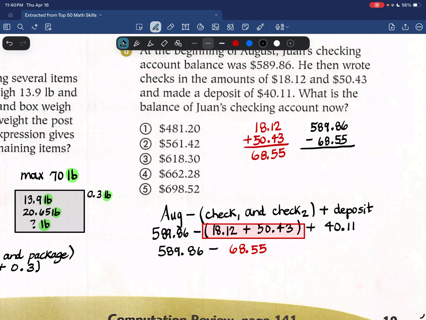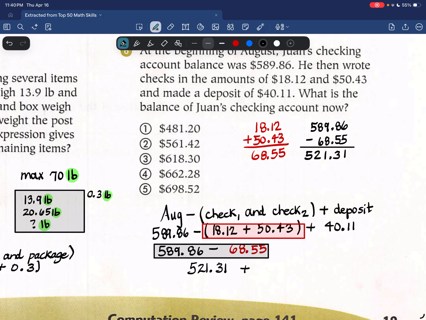Maybe it's just me, but that's where I really make mistakes, especially if I'm in a hurry or I'm not paying attention. So this amount, actually, let me keep the color scheme going here. This amount, when I did this math, gave me $521.31.